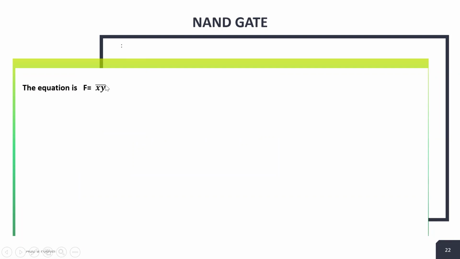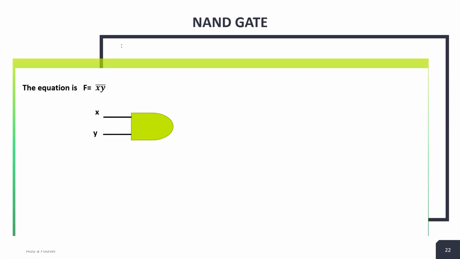Okay, so how to create the AND gate circuit? First, this one is the AND gate. Take the symbol of the AND gate. Okay, how many inputs are there? 2, X and Y. So first we will take the X input, second the Y input.